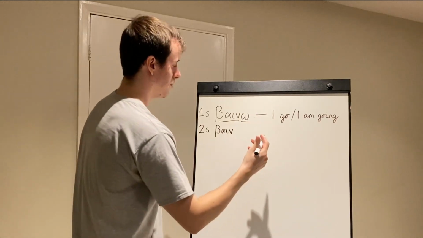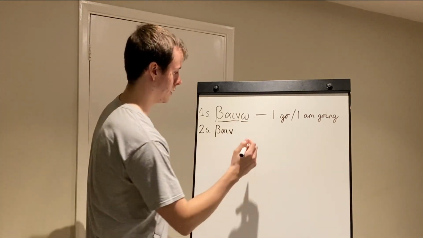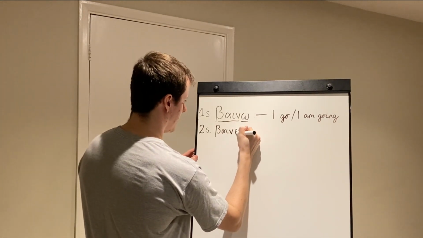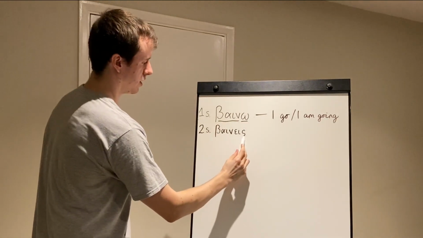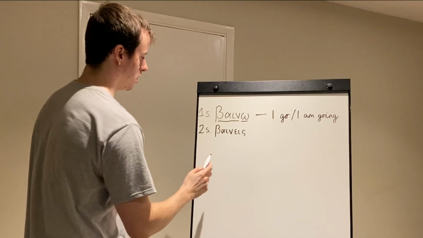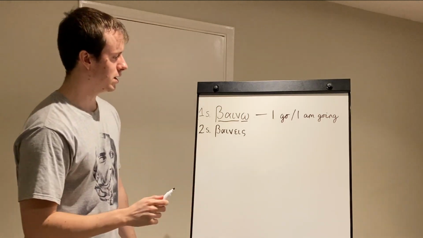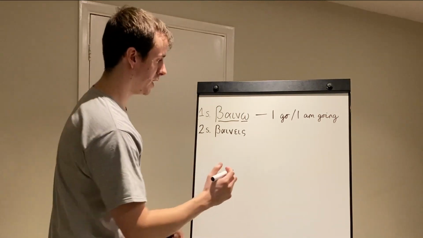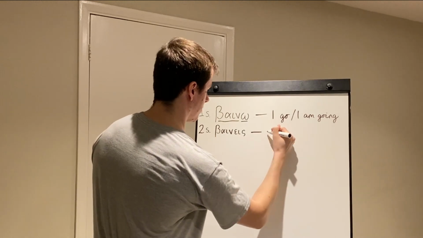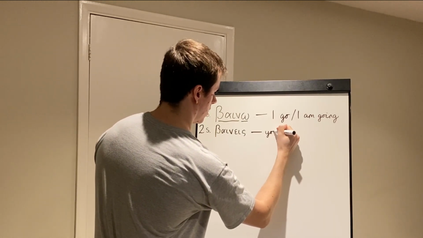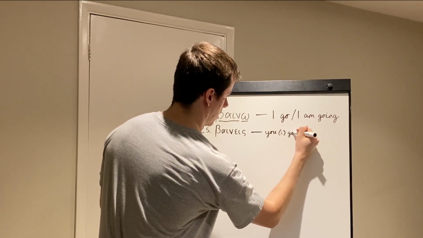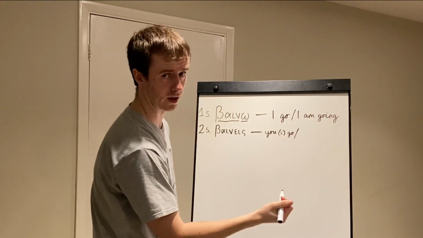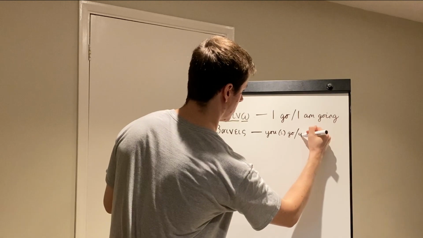So, to make it you singular are going, we need to use the ending εις, that is epsilon, iota, sigma. So the second person singular form is βαίνεις, and βαίνεις therefore means you singular go or you singular are going.